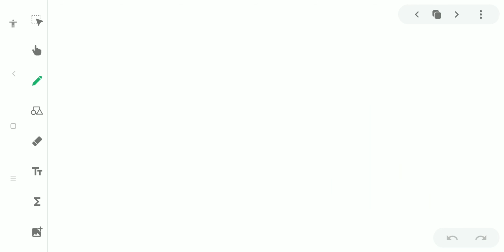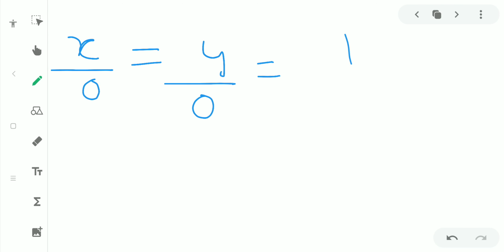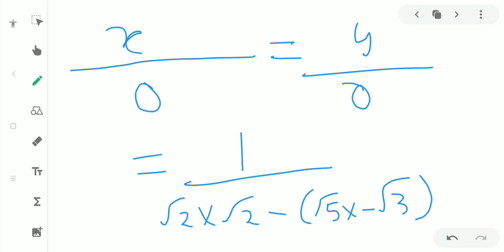So let us write it in simplified form. X by 0 is equal to y by 0, which is equal to 1 by root 2 into root 2 is nothing but 2.